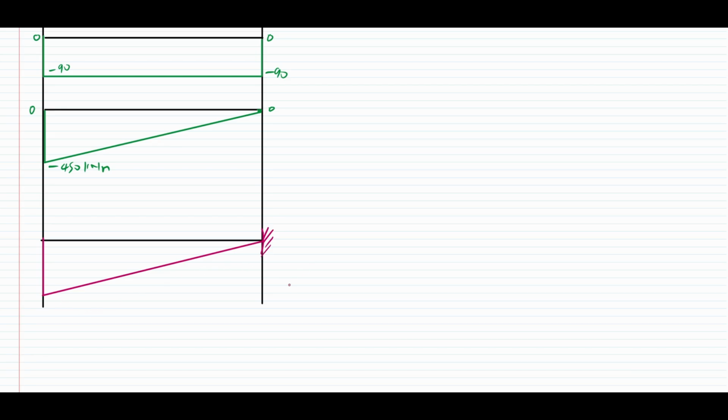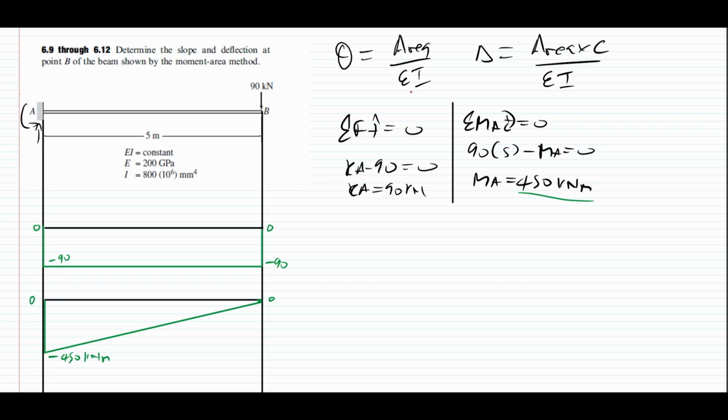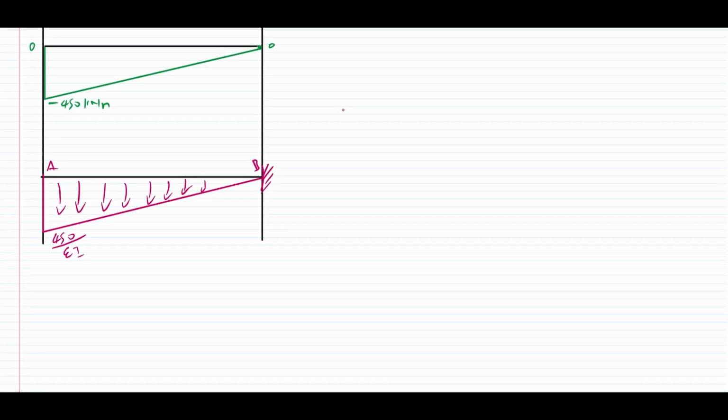So our fixed end is going to be free, and our free end is going to be fixed. And then you have your 450 divided by EI, and then you'll have to show your force lines. You have your A and your B. Now let's go back to the question: determine the slope and deflection at point B. Our slope at B will be the area divided by EI.